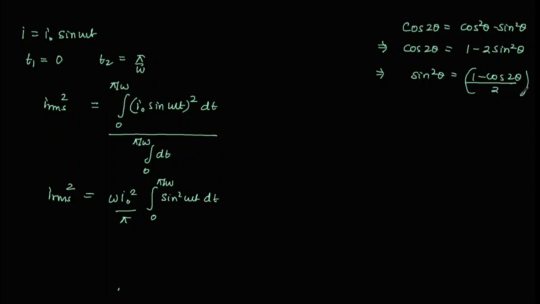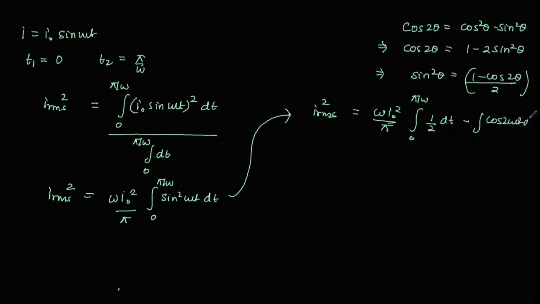If we do this substitution, the expression is modified to I RMS square equal to omega I naught square by pi times the integration from 0 to pi by omega of half dt minus half cos 2 omega t dt.